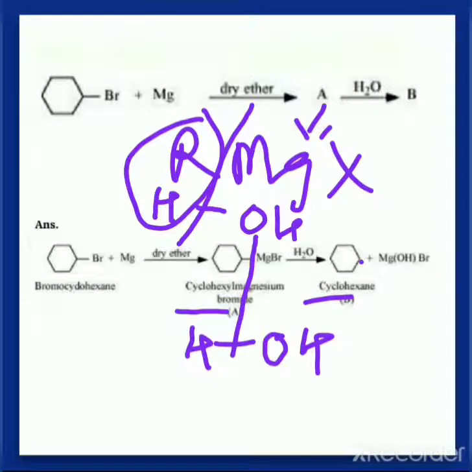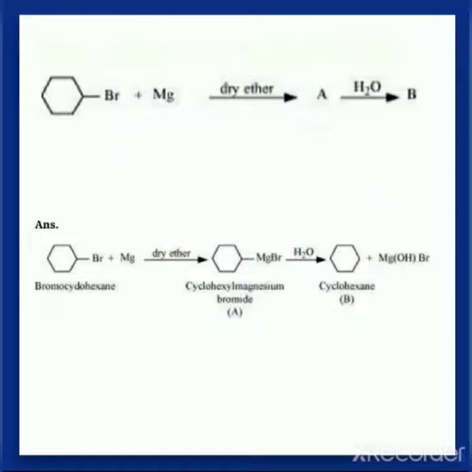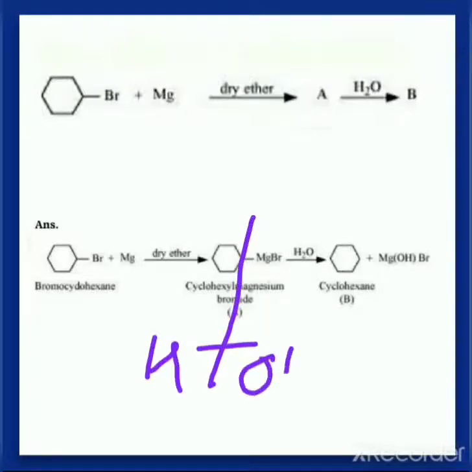And one of the side products is MgOHBr. The side product formed here is because of the breakage of the bond: one H is added, one OH is added. So we can say Mg, this OH and this Br.